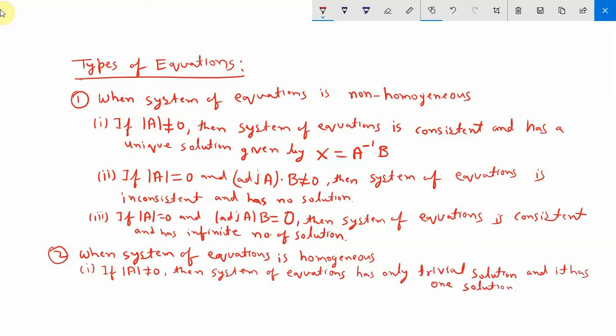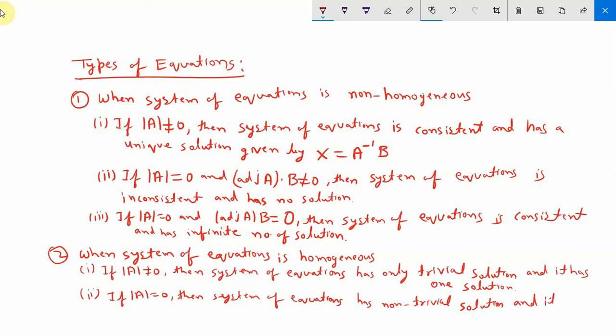Okay, second case may be if determinant of A is equal to 0, then system of equations has non-trivial solution and it has infinite solutions.